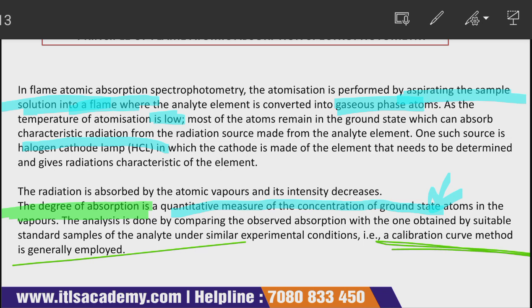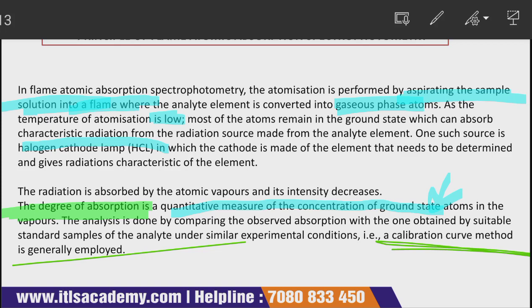The technique of flame atomic absorption spectrophotometry requires a liquid sample to be aspirated. That is the first point. Further, it is mixed with combustible gases such as acetylene and nitrous oxide.